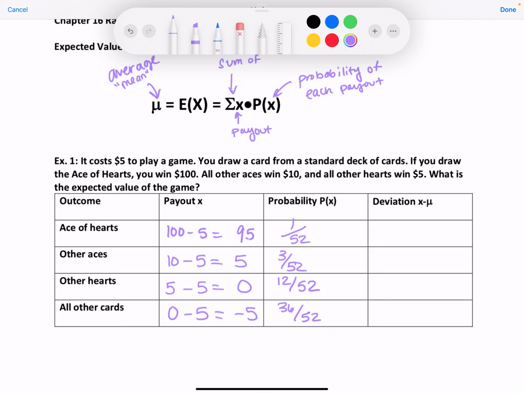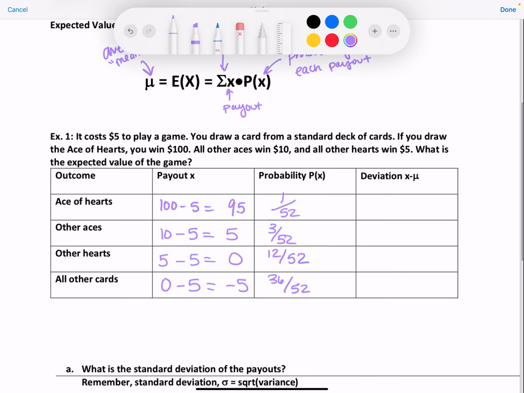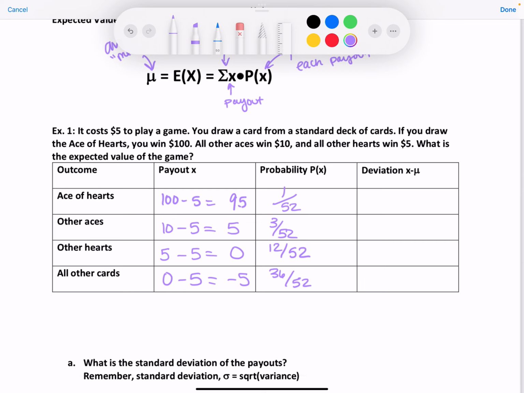So we can't do the last column until we know our expected value. So we're going to add up all the expected values using this formula. So it'll be payout times probability plus each one.